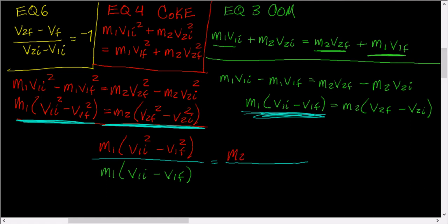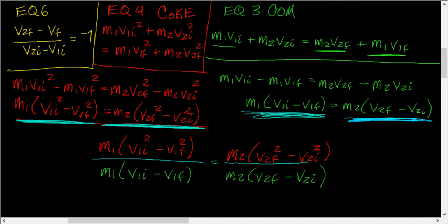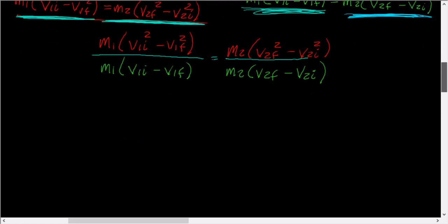That's m2 times v2 final squared minus v2 initial squared. And then the denominator is going to be the right-hand side of this rearranged conservation of momentum equation. So that's m2, and then times v2 final minus v2 initial. I need to scroll to get a bit more space.